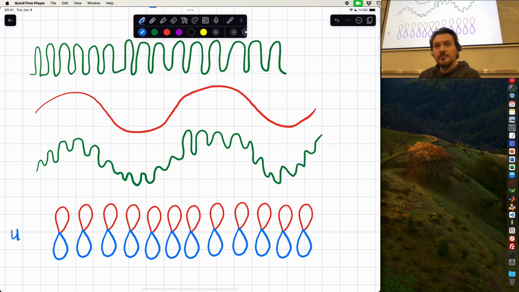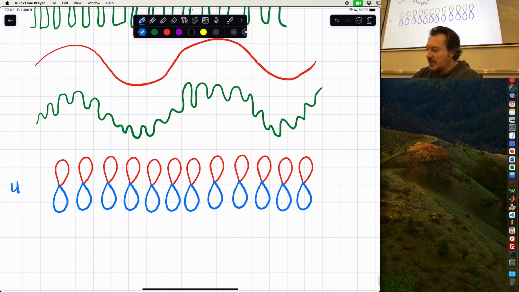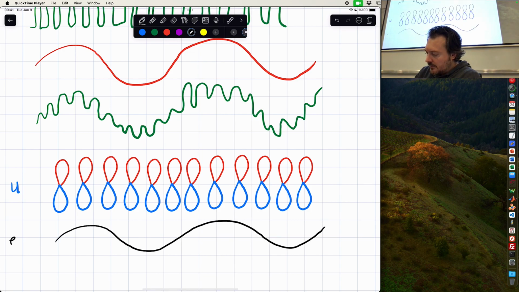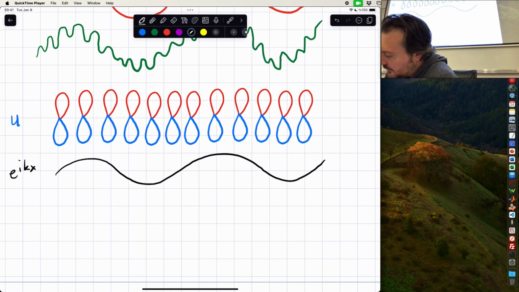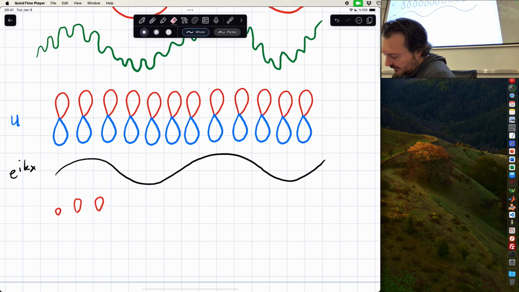This is the u. Then it's multiplied by e to the ikx, right? Then you have here, unfortunately, copying will not work. So up, a bit more up, a bit more up, a bit up. But then it's already down.